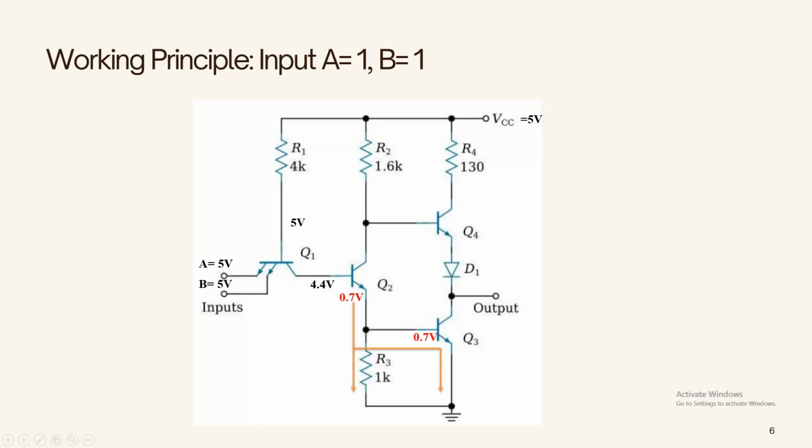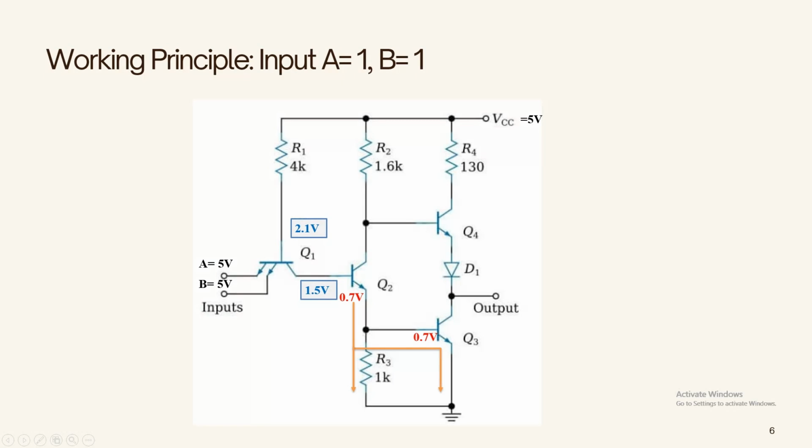So if we accumulate this 0.7 volt at Q3 and 0.7 volt at Q2, then we can see that the base of Q2 will have 1.4 to 1.5 volt potential instead of 4.4, because there is only a 1.4 volt drop across Q2 and Q3. So there would be a 0.6 volt drop across the Q1 base collector junction. So the base cannot be higher than 2.1 volt in this case.